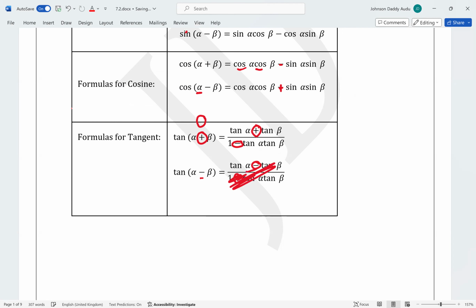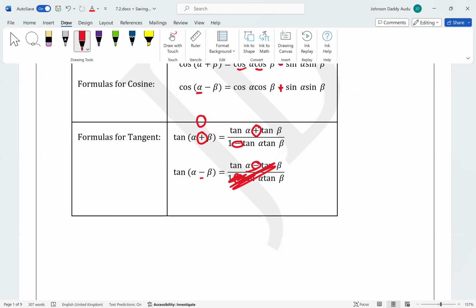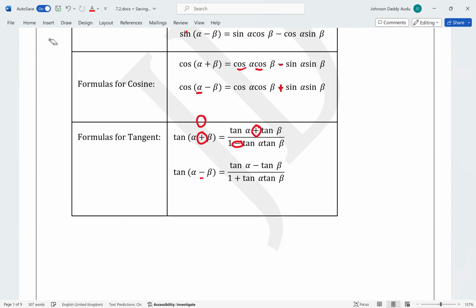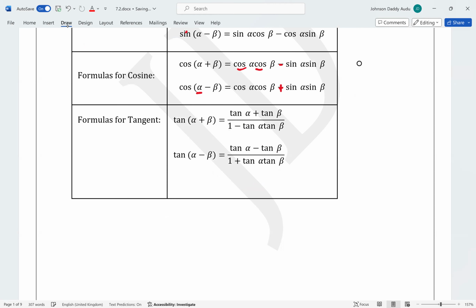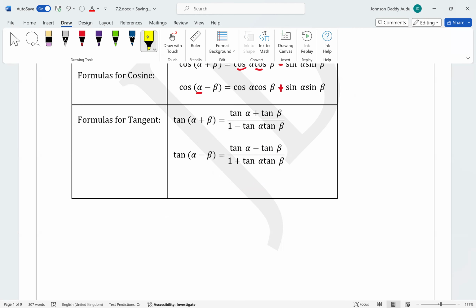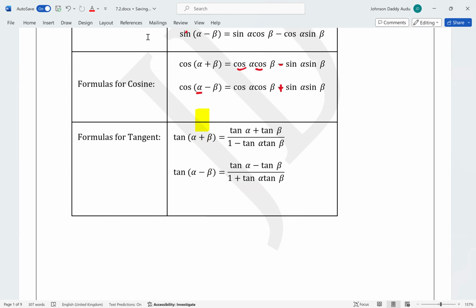Let's see how we can use these formulas to solve problems. What to watch out for is the sign: this is plus, this is plus, this is also plus, and this is minus, this is minus.